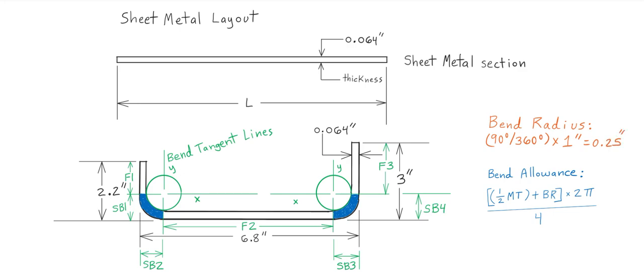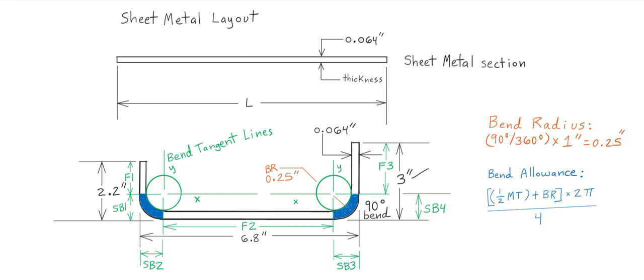And so if you're doing international millimeters, then that would be millimeters, but in the US FAA system, then it's 0.25 inches. So that's the bend radius. That's a constant because we don't have any other degree bends. We have all 90-degree bends. So that's the bend radius, 0.25 inches.